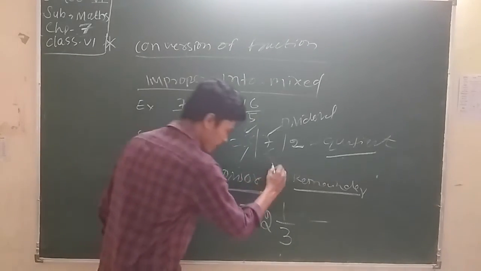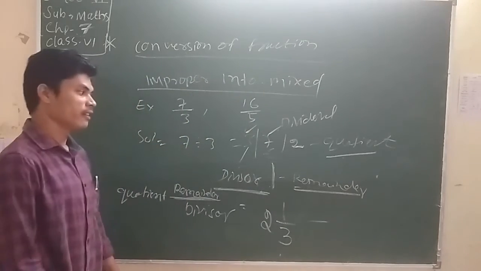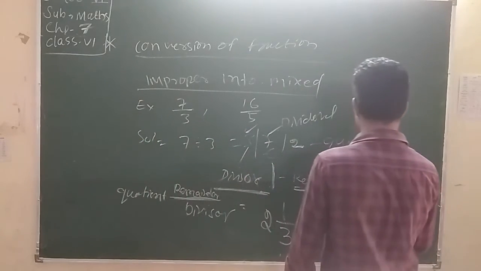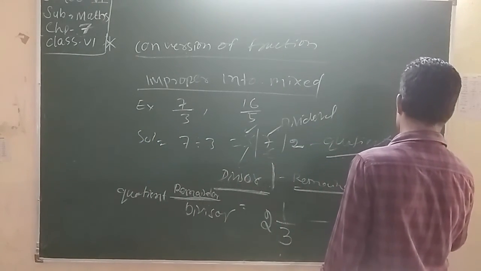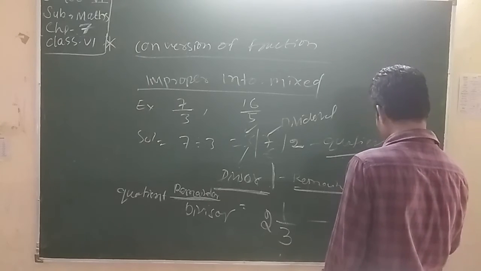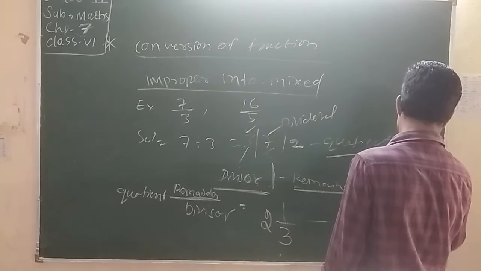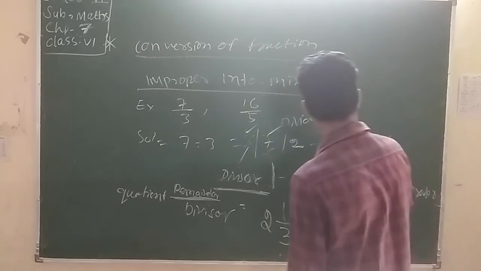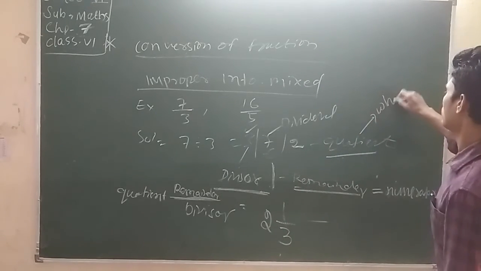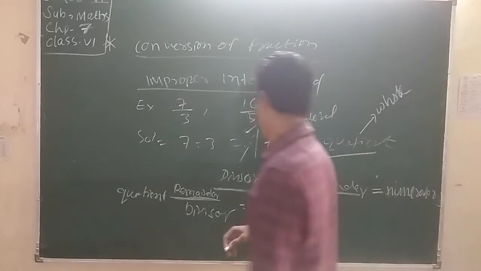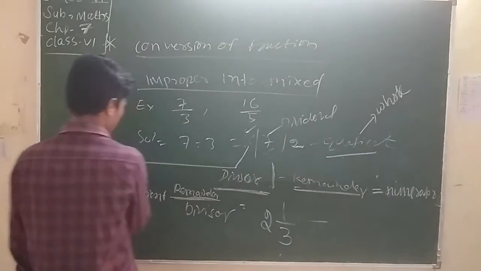Remainder is written as numerator, and this one is the denominator.